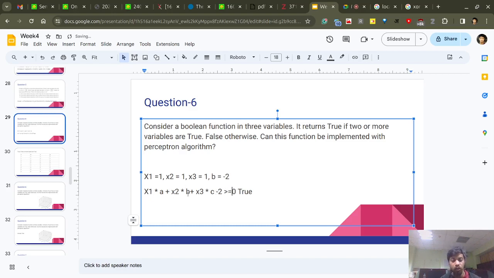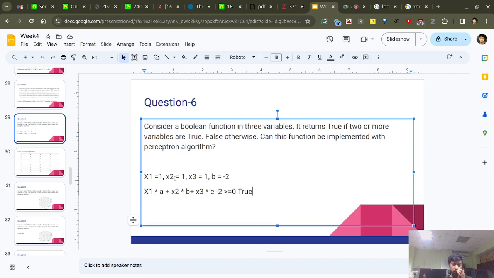If any two of them are 1, it will be 1 plus 1 minus 2, so it will be 0, then it is true. If there are three positives, it will be 3 minus 2, so 1, greater than 0, so it will be true. But if there are no ones, 0 0 0 minus 2, it will be lesser than 0, so that will be false.